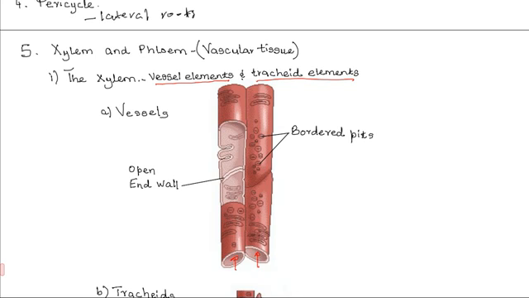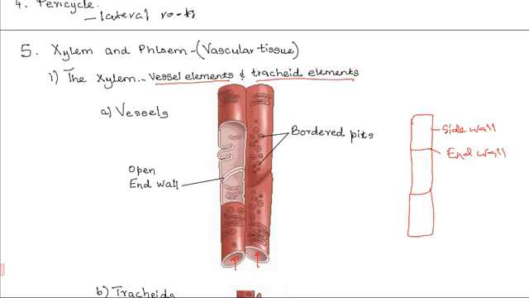Now, in both the vessel and the tracheid elements, the end wall, because the xylem element consists of elongated cells. Now, these elongated cells consist of side wall and the end wall.